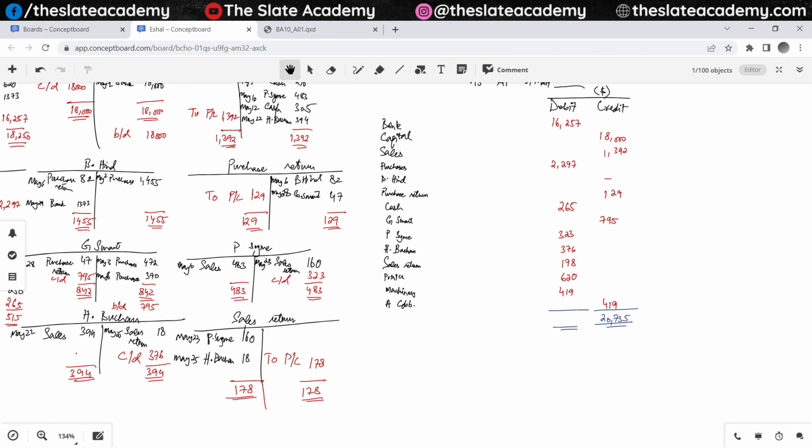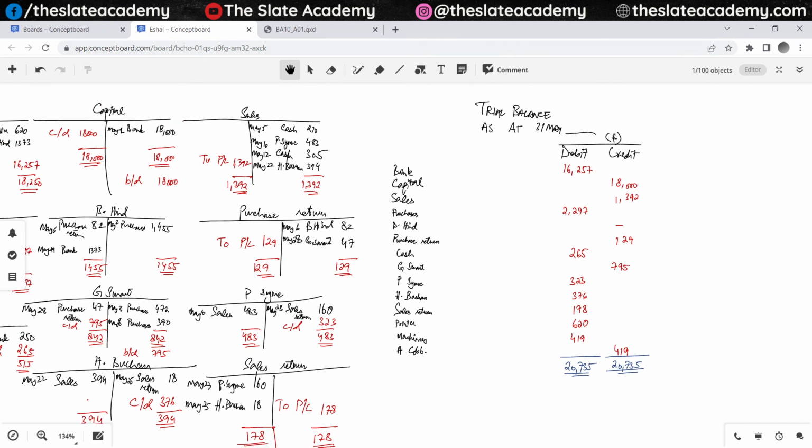Would it match the debit side? 16,257 plus 2297 plus 265 plus 323 plus 376 plus 178 plus 620 plus 419. 20,735. Chalo ji, great success. Done.